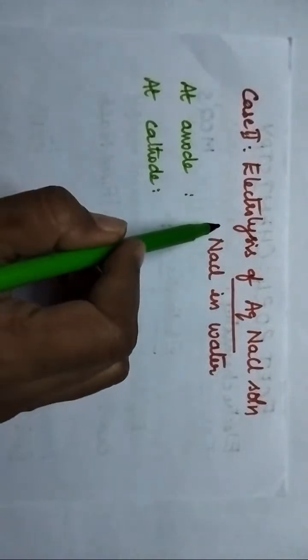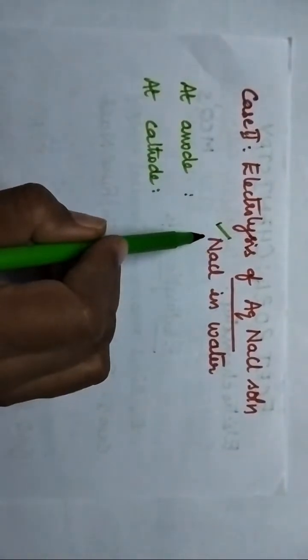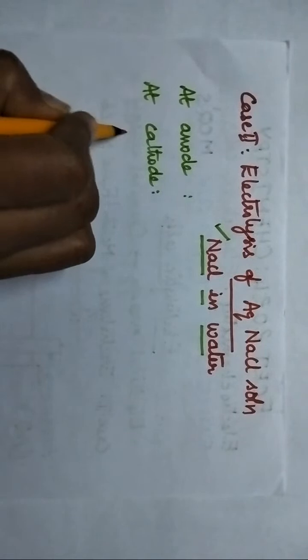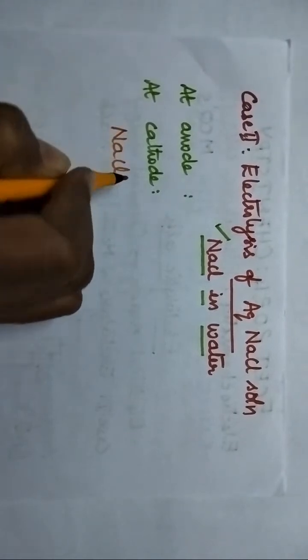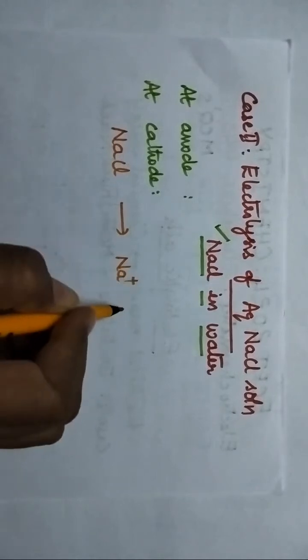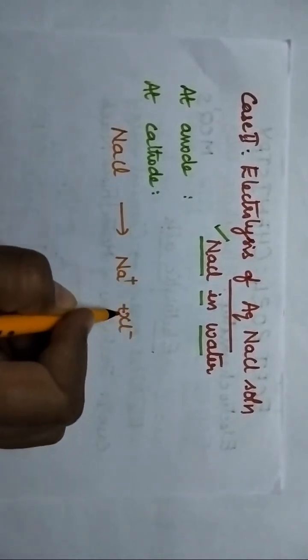Here, if you carefully observe the electrolytic solution, it consists of sodium chloride in water. That means initially we have to discuss the decomposition reactions. NaCl initially decomposes to give Na+ and Cl- ions.